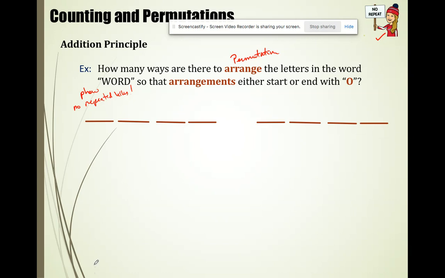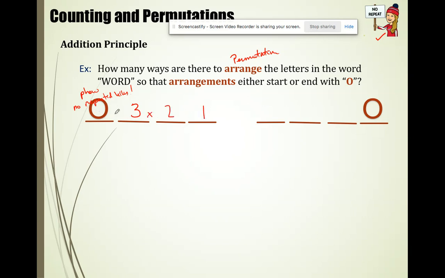But I also have another situation. The first situation, I want to start with O. The last situation, I want to end with O. So if this slot is already chosen, what do I really have here? What can I choose here? 3 of the remaining, then 2 of the remaining, then 1.